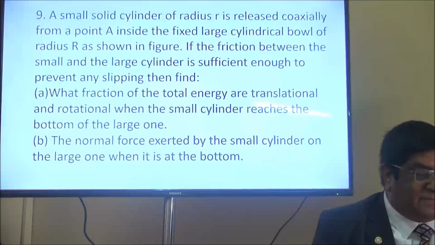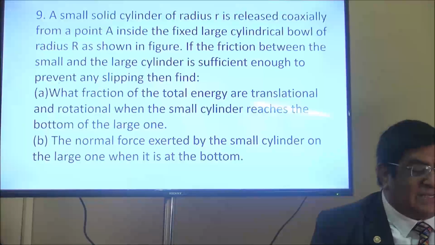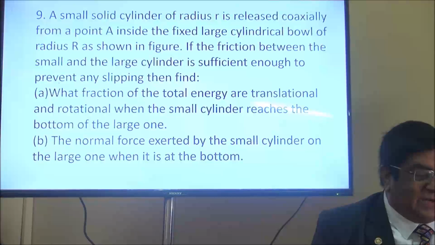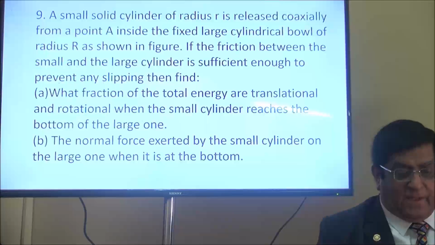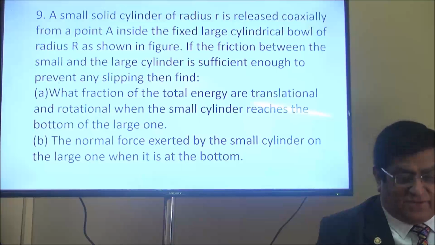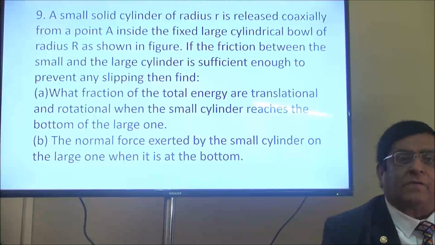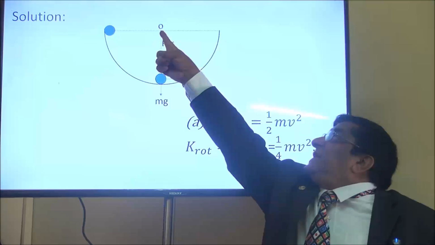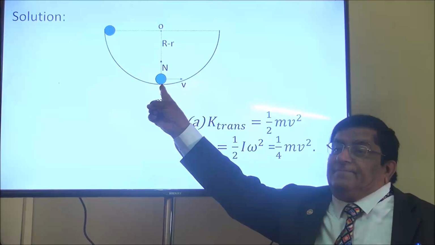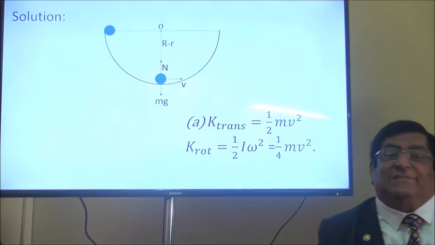No data is given. Small r is the radius and capital R is the radius. How much energy should it have? Total energy. It has come from this height to this height. How much is the total energy?